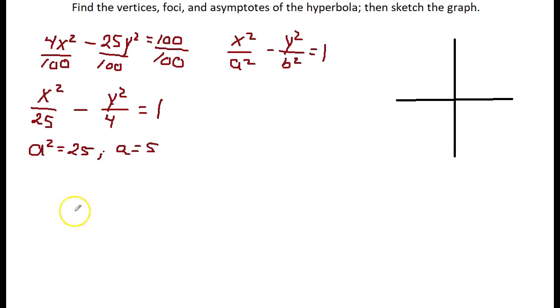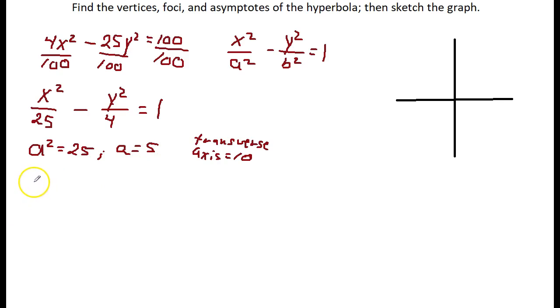So the length of my transverse axis is 2 times a, so it equals 10 units, because a is 5 units.